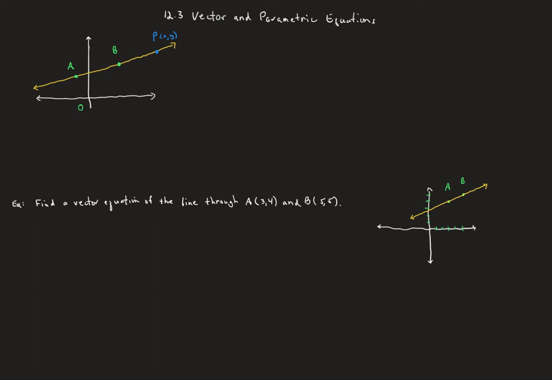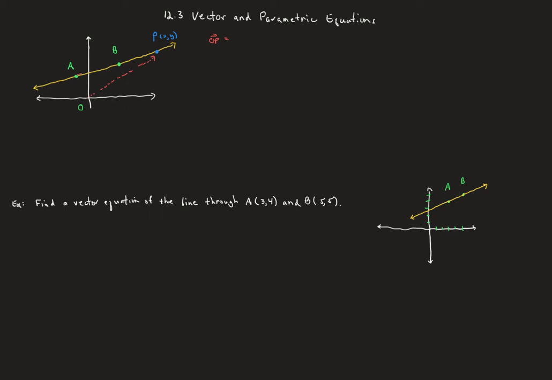So because we're going to do this as vectors, we're going to actually try to describe a vector OP, and that's going to kind of act like our point P that has coordinates x, y. So we're going to try to describe the vector OP in terms of the A and B. And I've named the origin O here.